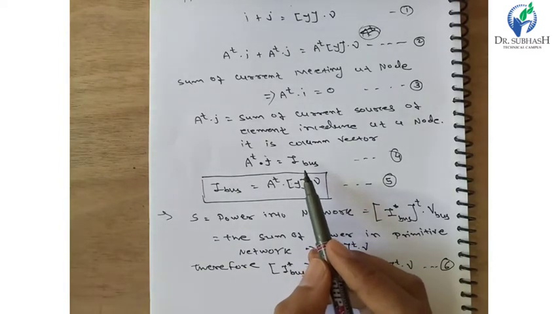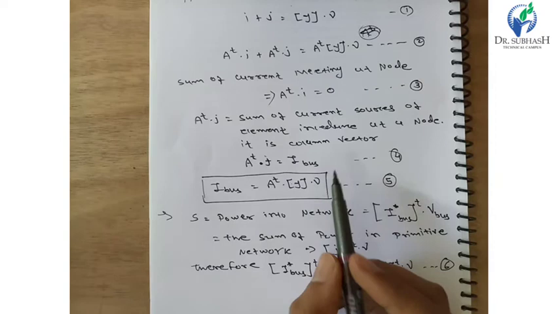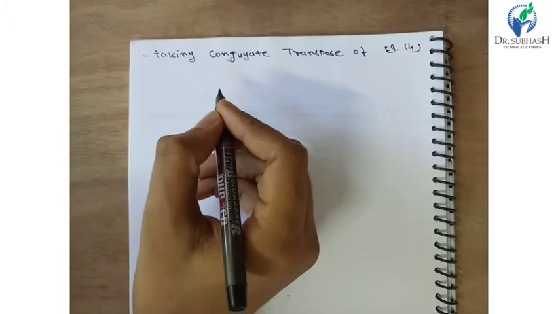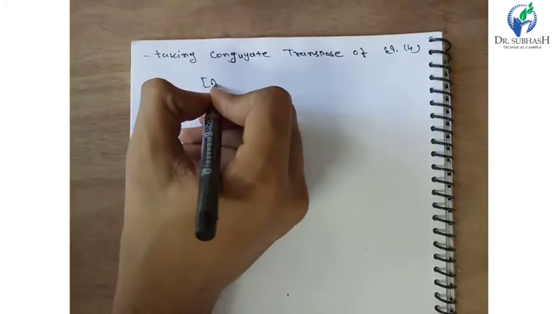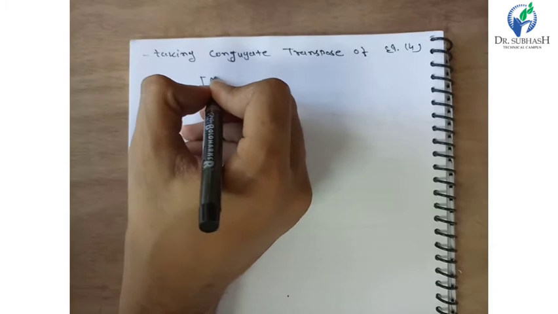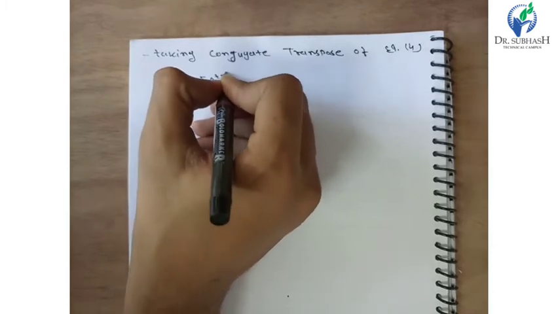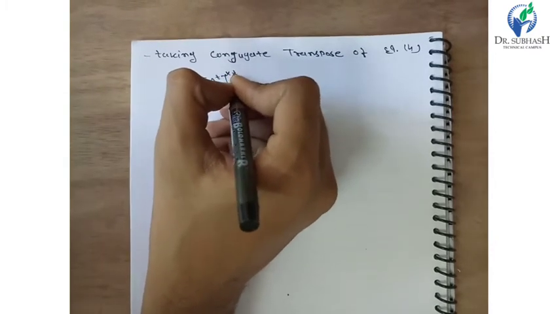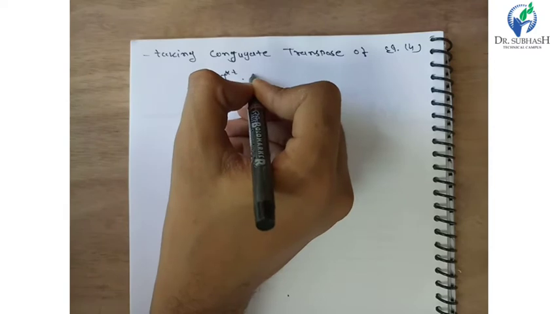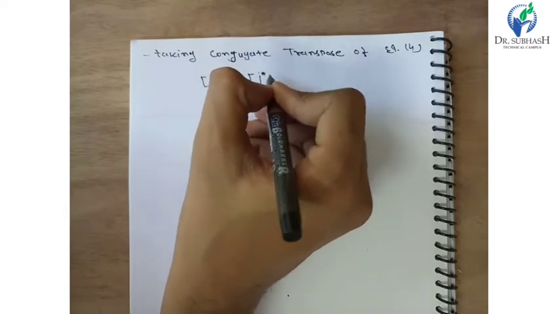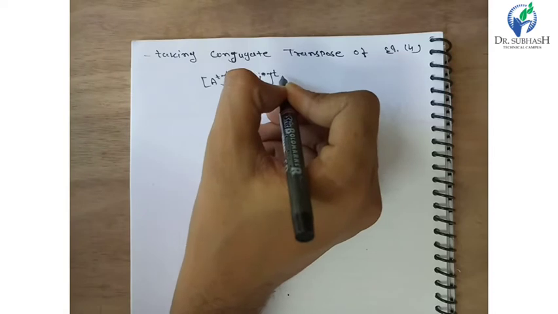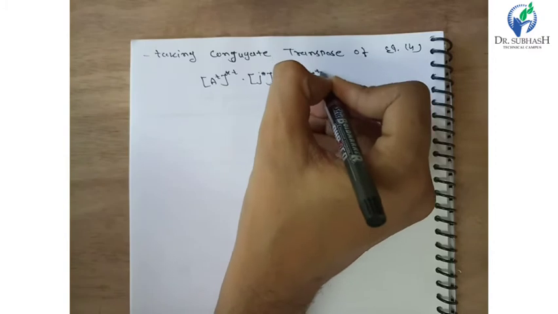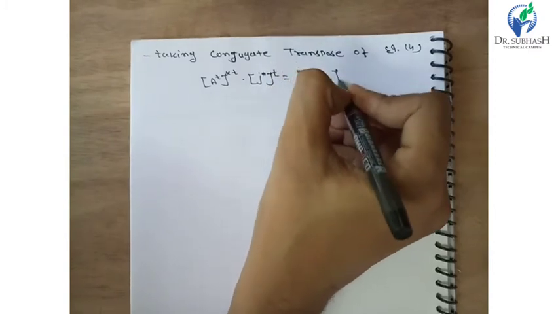So using the conjugate transpose, it is modified for the equation as A^T star into T, J star into T form is equal to I bus star into T form.